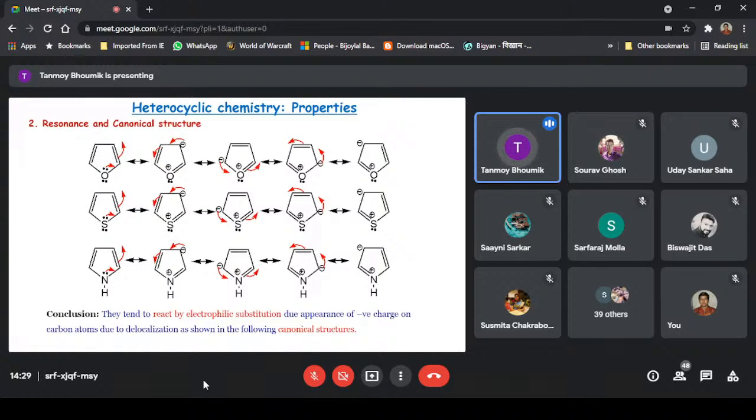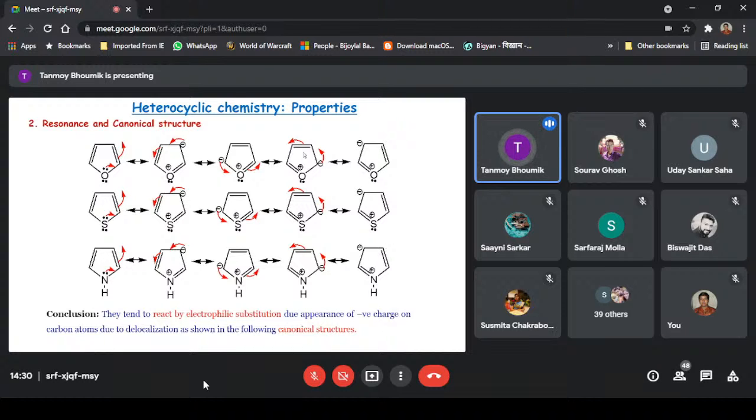There are resonance structures and canonical forms for the different 5-member heteroatom cycles. The first is furan, the second is thiophene, and the third is pyrrole. If we consider the heteroatom as 1, and the others as 2, 3, 4, and 5, then whenever you draw the canonical forms of furan, we always get a negative charge at positions 2, 3, and 4.